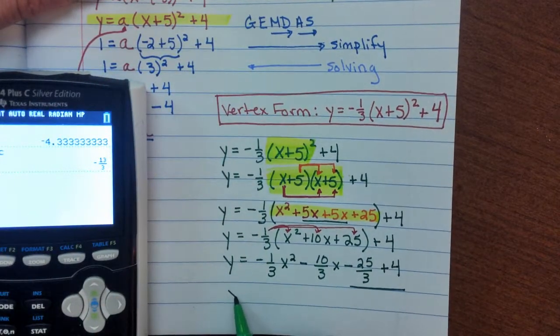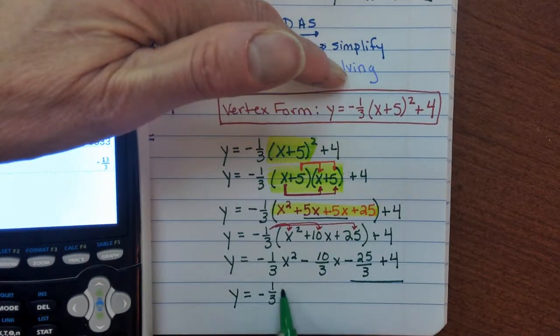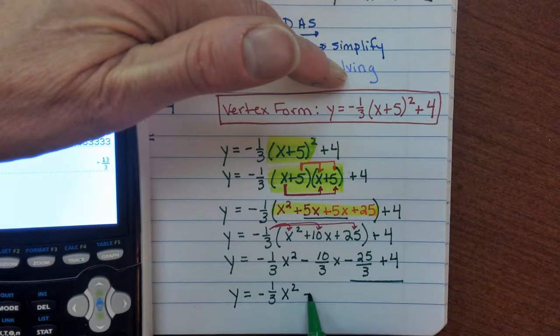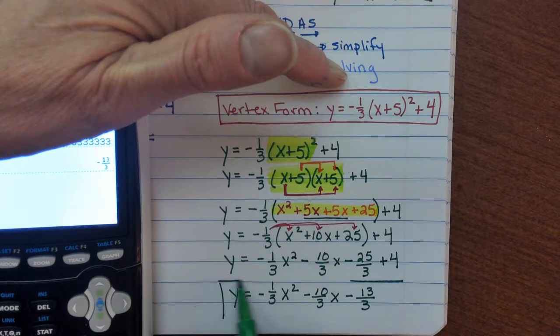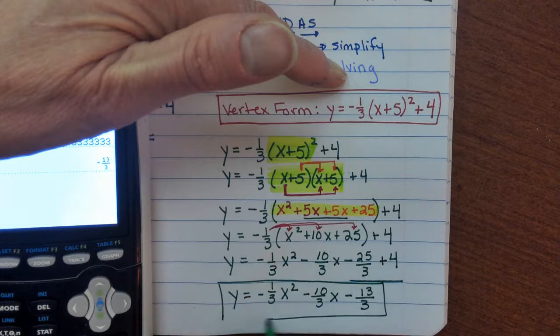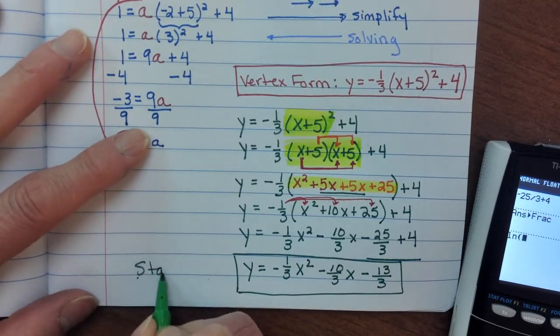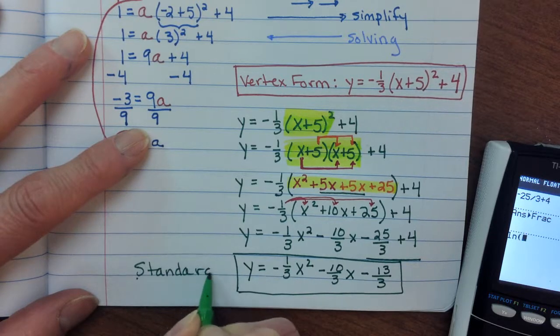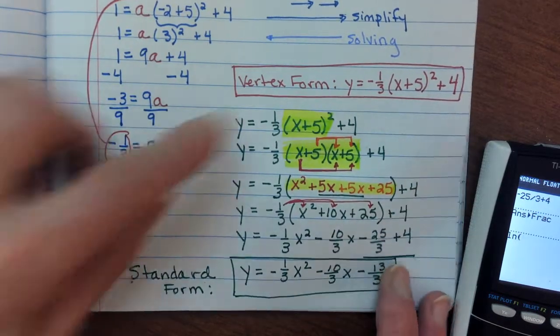So that means this equation, y is equal to negative 1/3 x squared minus 10 thirds x minus 13 thirds, is standard form. I'm going to write here standard form.